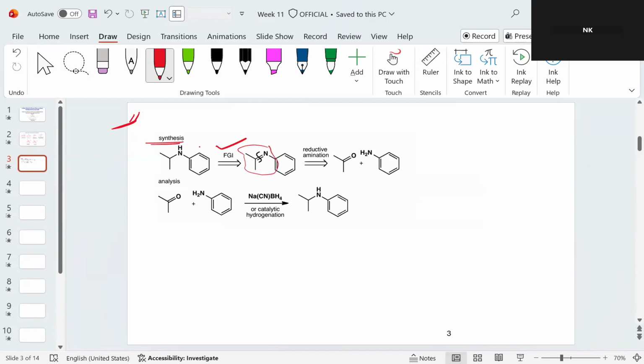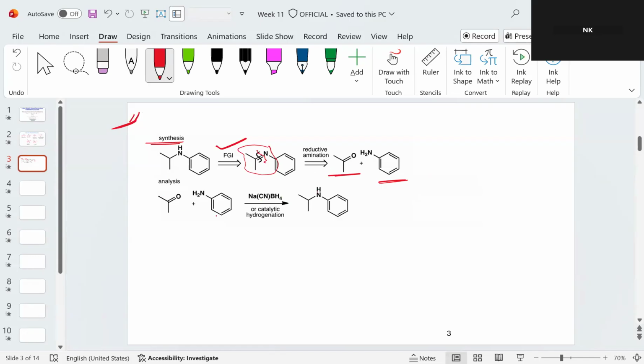So this is the amine to imine functional group interconversion. Then we can do the disconnection here, and we get the starting ketone and the aniline as starting materials.